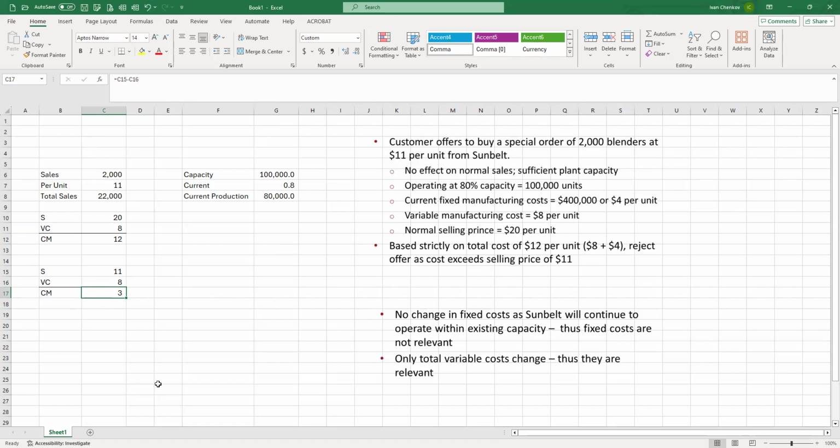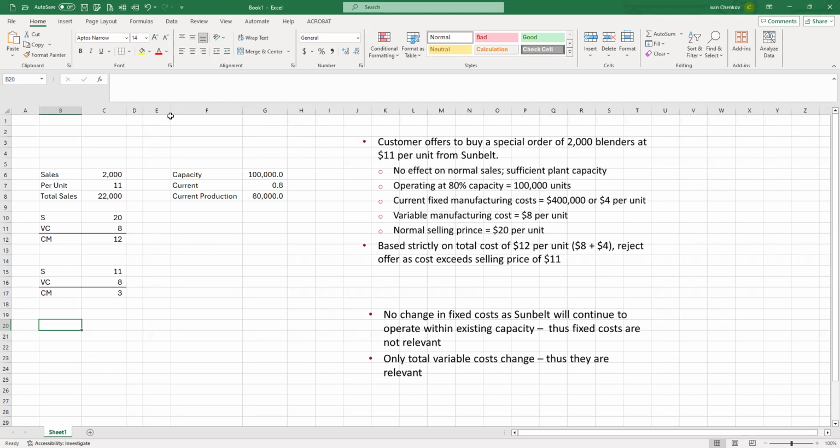And since I'm going to produce 2,000 units, how much will be my profit here? I'm generating $3 contribution margin per unit, and since this person asked me to make 2,000 units, how much will be my profit? 6,000.